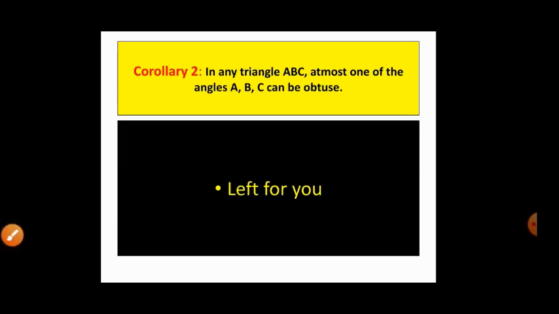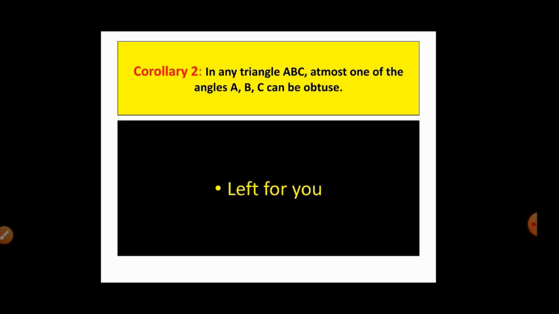And the second corollary is, in any triangle ABC, at most one of the angles A, B or C can be obtuse. The proof of this is immediate.